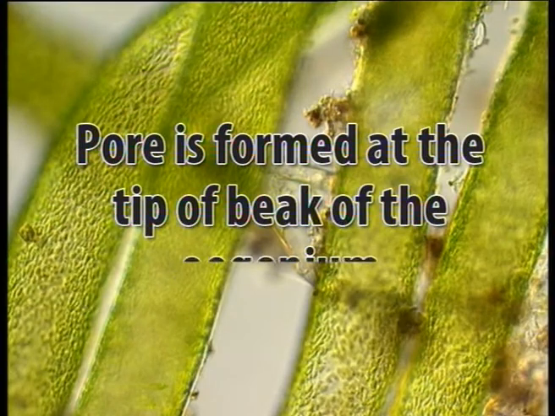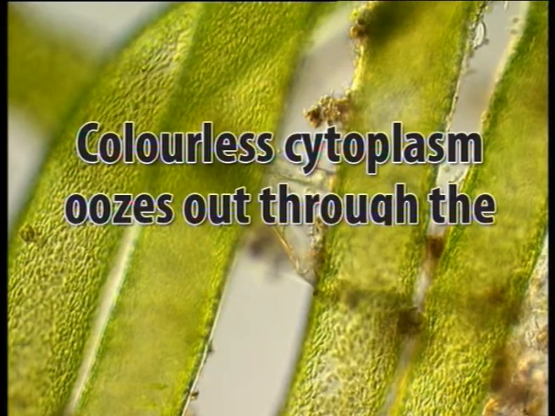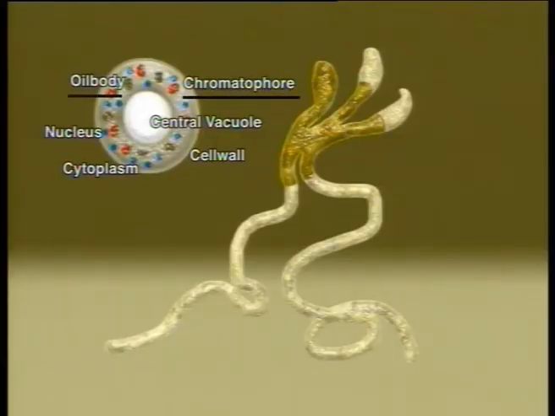At the tip of the beak of the Oogonium a pore is formed, from where colorless cytoplasm oozes out through the apical aperture. At this stage, the chromatophores and oil droplets move to the center of the ovum, which is surrounded by a colorless layer of lining cytoplasm.